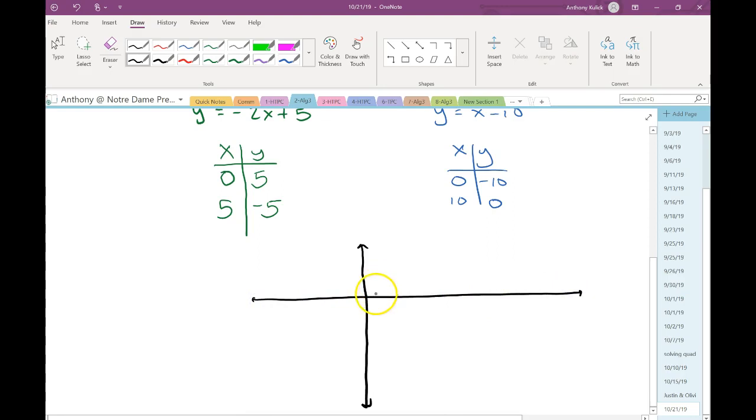Let's see, 1, 2, 3, 4, 5, 6, 7, 8, 9, 10. 1, 2, 3, 4, 5. 1, 2, 3, 4, 5. 6, 7, 8, 9, 10.